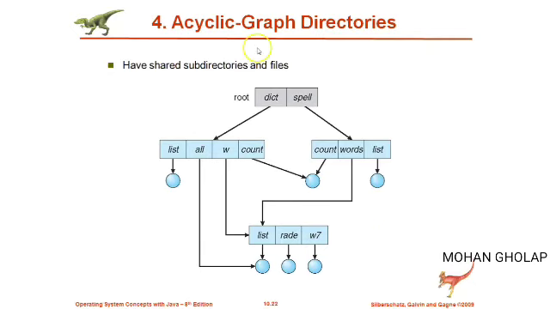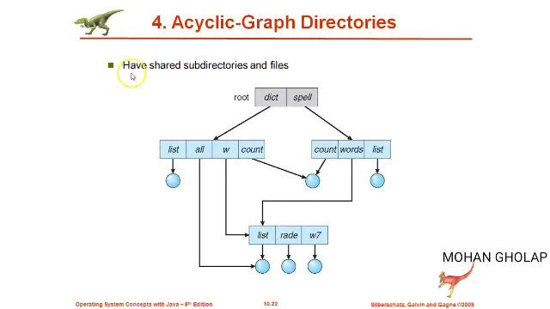After this, the fourth scheme is acyclic graph directories. In the previous discussion we saw that it is possible to have the hierarchical representation, but there the link was only within that particular directory, either upward or downward.